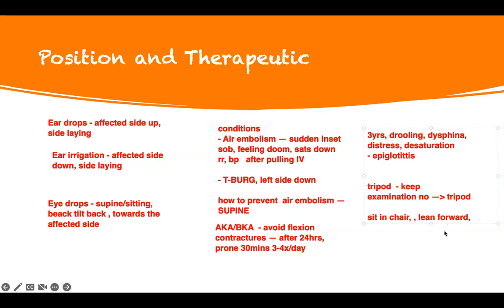Kid is leaning forward, sitting down in the chair, their hand is on their waist to help them, or resting on their knee, arm and elbow resting on the knee. That's what we mean by tripod position.